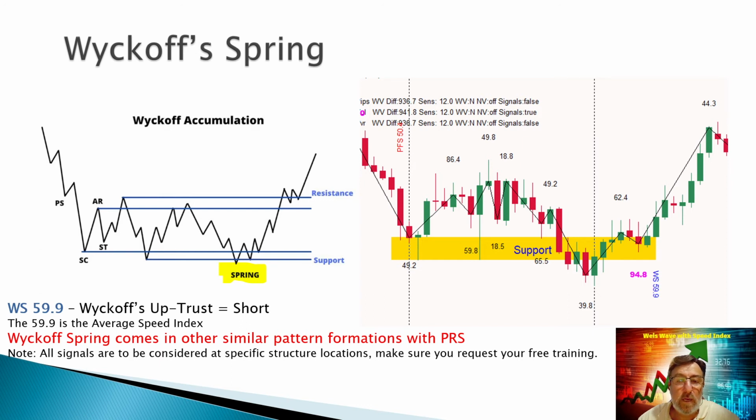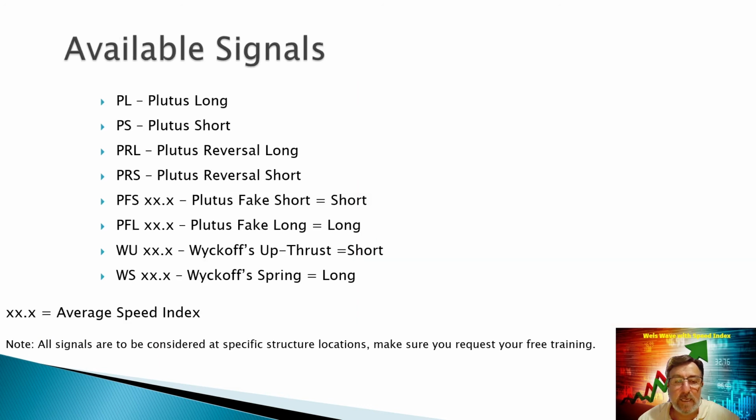So right now we have available in the indicator 8 signals. Basically there are 4 short, 4 long. So we got Bluetooth long, Bluetooth short, Bluetooth reversal long, Bluetooth reversal short, Plutus fake short, Plutus fake long, Wyckoff upthrust, and Wyckoff spring.